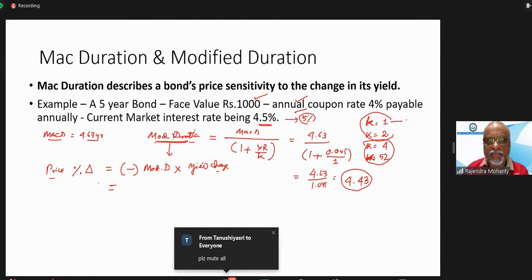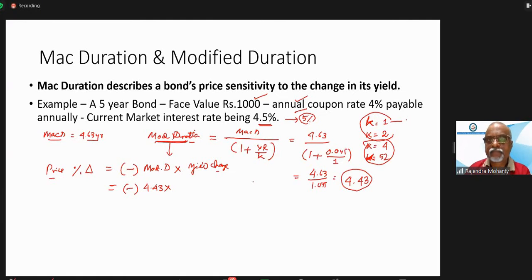So what will be the price change? It will be minus 4.43 into what is the yield change here? Yield change is plus 0.5. You multiply this.